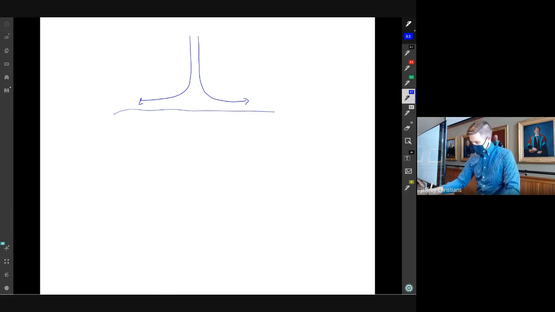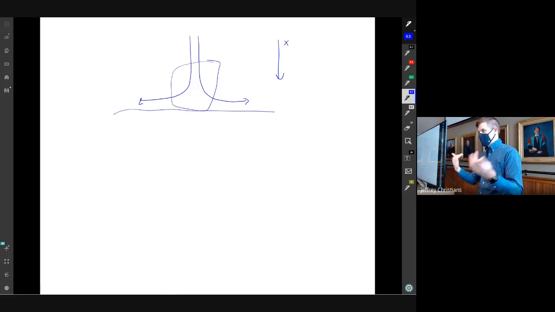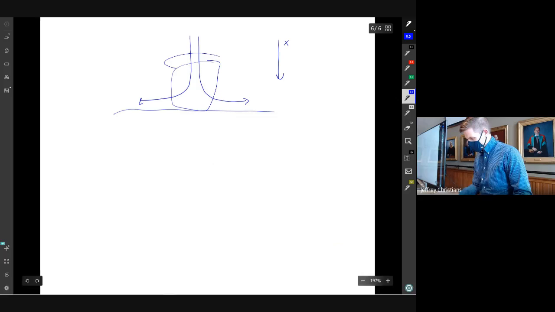So in this dimension, if we call that x, if this is our control volume, it comes in at some velocity, but it doesn't go out in the x direction at any velocity. It goes out in y and z, but not x. But we only care about the momentum in x. So this would be side 1. Bottom would be side 2.